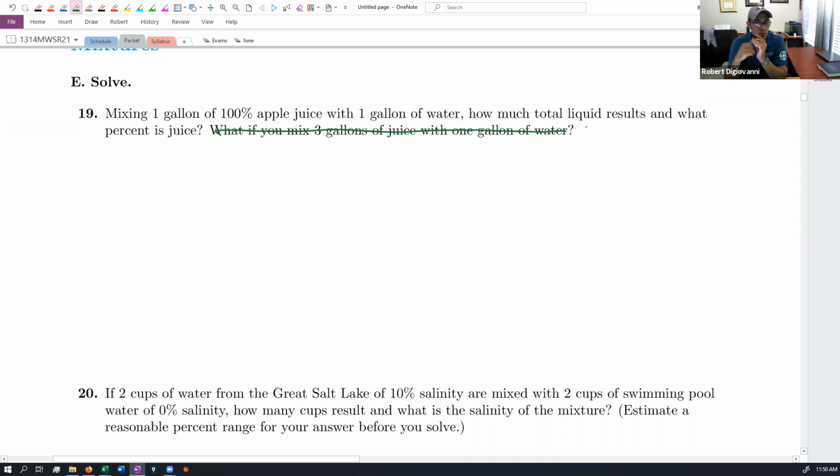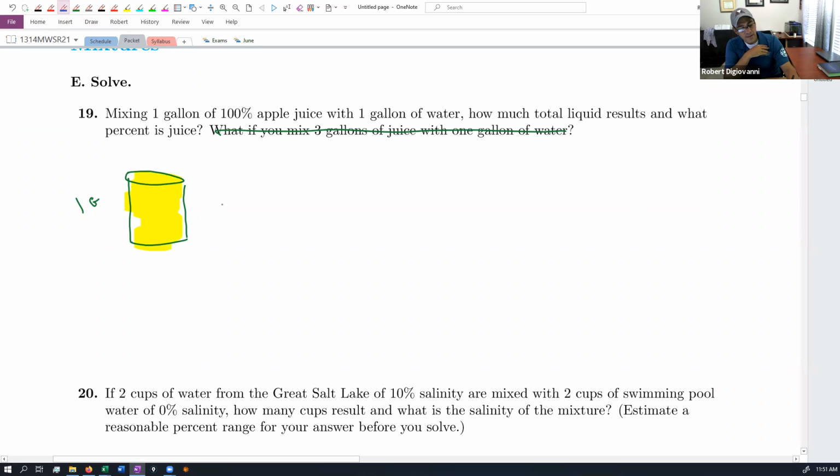Those numbers are easy to work with. So I'm going to try and get you to see this visually. We have this container that holds 1 gallon. I'm going to put 1G, okay? And it's filled with apple juice, right? It's 100% apple juice, which means everything in it is apple juice, right?